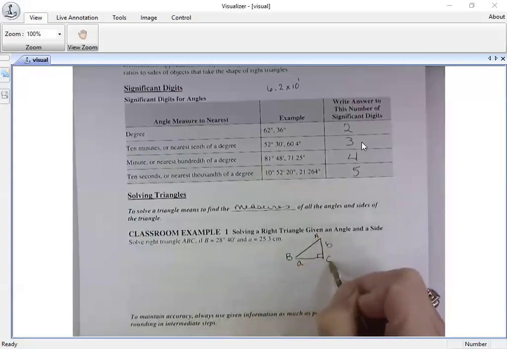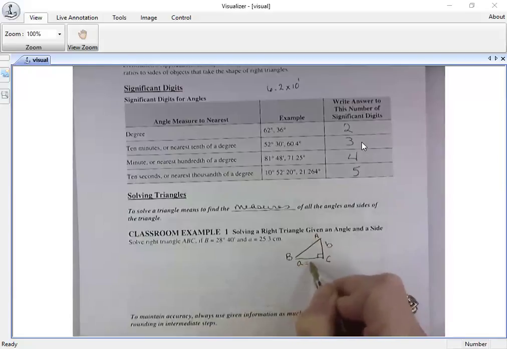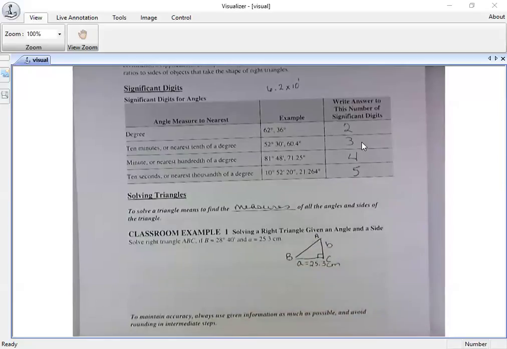My right angle is C, and a has a length of 25.3 centimeters. Okay. And that would mean that this side has to be what letter? c. Okay. So we got to find all of these missing parts.